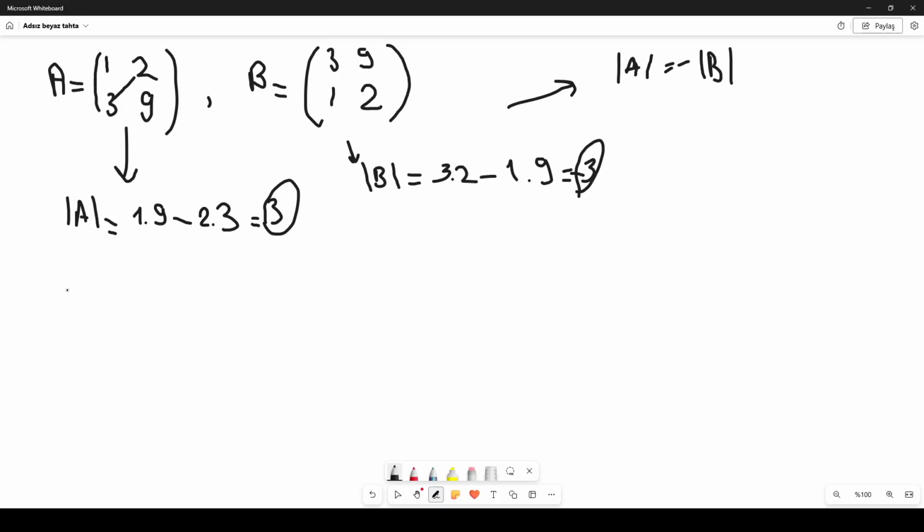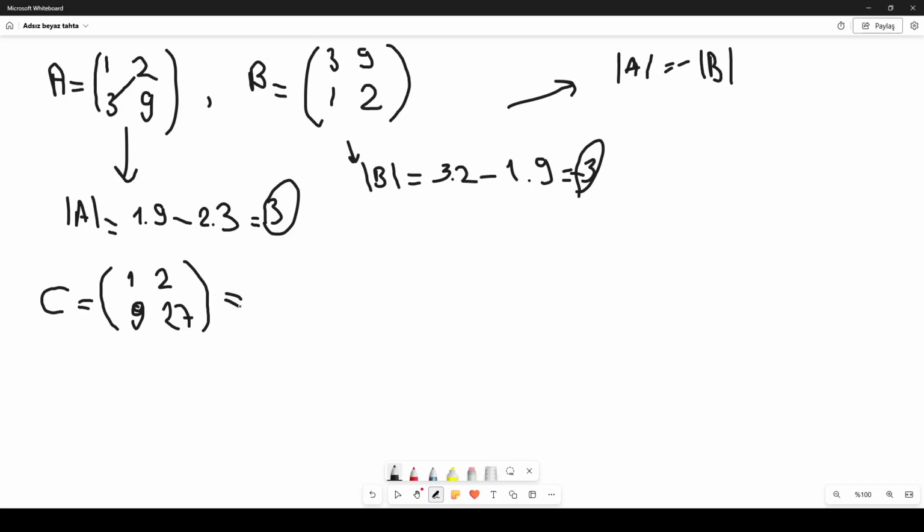Now, say we take another matrix, namely C, and C is equal to, let's say, 1, 2, and 9, 27. So what is the difference between matrix A and matrix C?